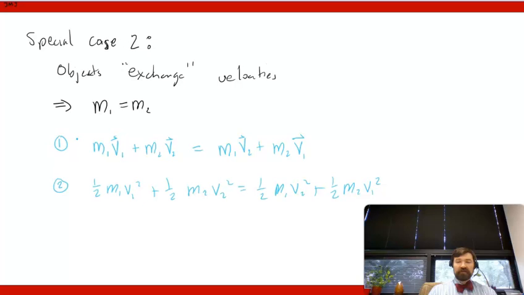And again, it can be shown, although I won't do it, that this will work if mass 1 and mass 2 are both equal to each other.